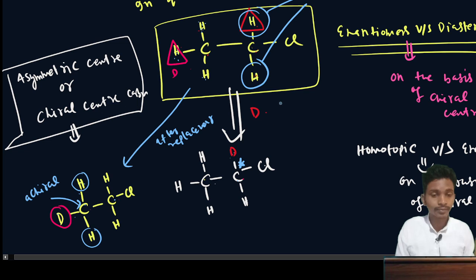After replacement of one hydrogen we get a chiral center, so these are enantiotopic, and these two hydrogens also give the same signal. So both homotopic and enantiotopic give the same signal. Now we understand which is homotopic, which is enantiotopic, and which is diastereotopic.